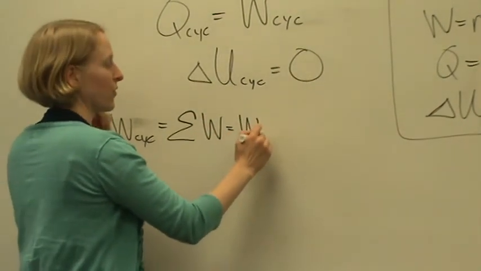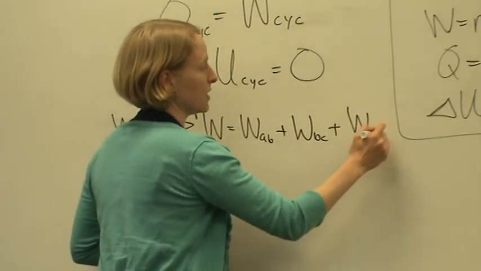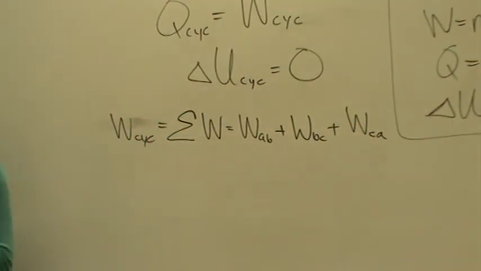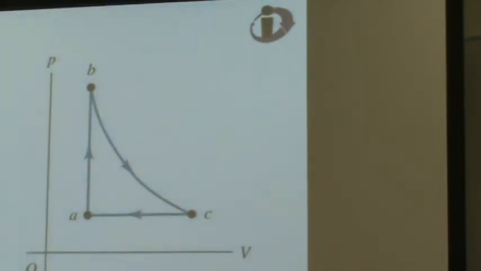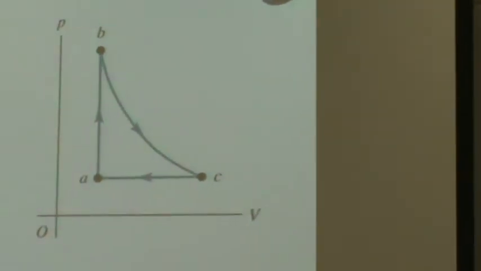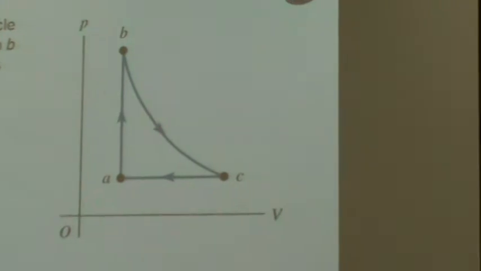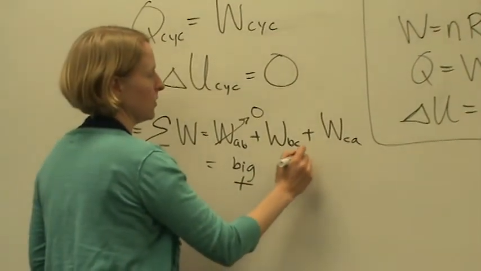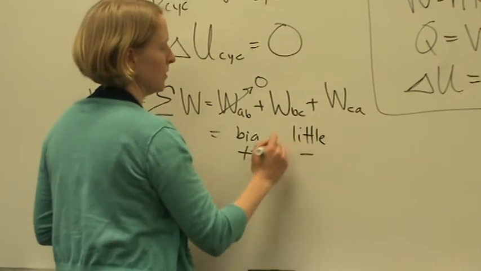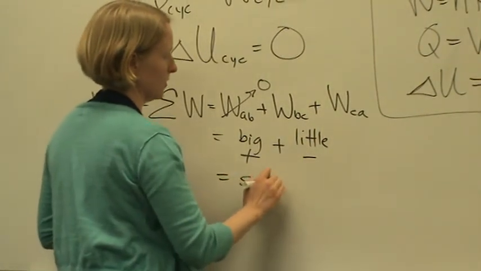So you'd have the work from A to B, the work from B to C, and then the work from C to A. And the only one that's 0 is going from A to B. So B to C, the area under that curve, is a big positive. And then work from C to A is a little negative. And so the net result is something positive.